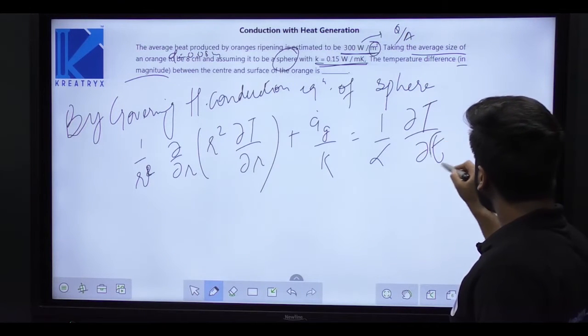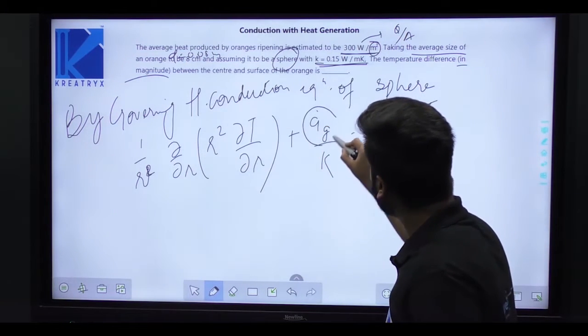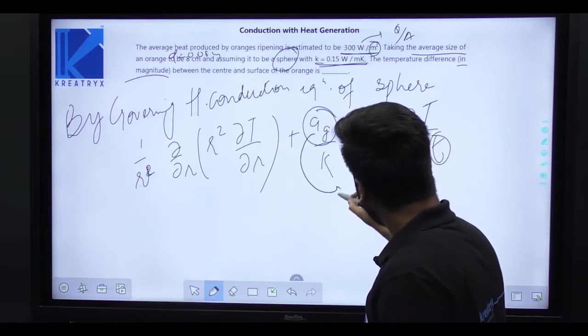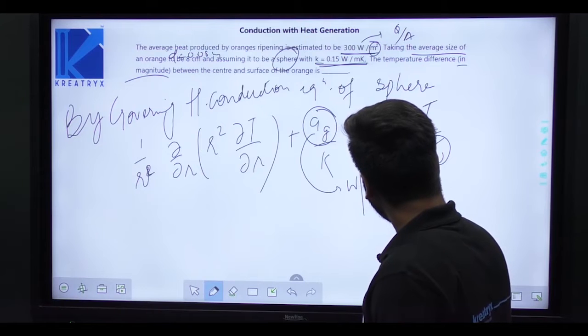This is temperature, this is time. This q dot g is heat generation per unit volume. Be careful, this is in watt per meter cube.